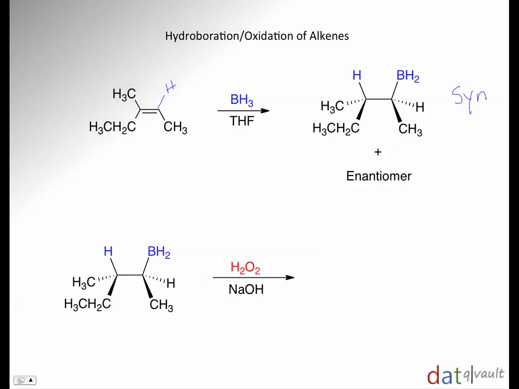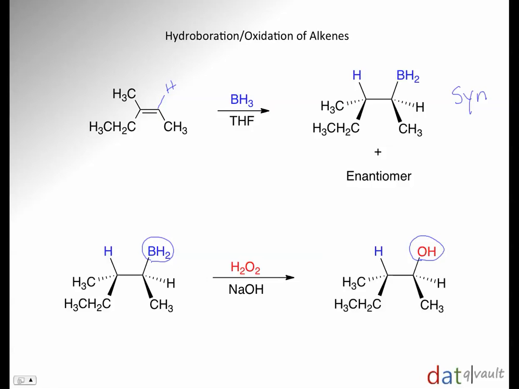The oxidation of this molecule is going to occur with the use of peroxide and base. If we add these two reagents, then we're going to get basically a substitution of the BH2 substituent for an OH. So overall, with the hydroboration oxidation, we're going to get the addition of an alcohol to the alkene in an anti-Markovnikov fashion.